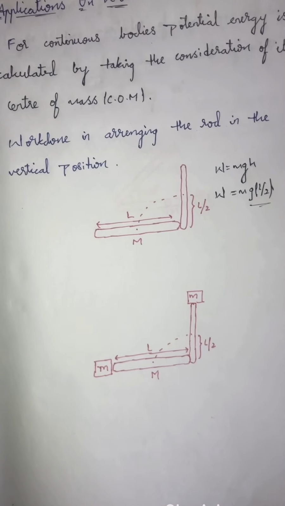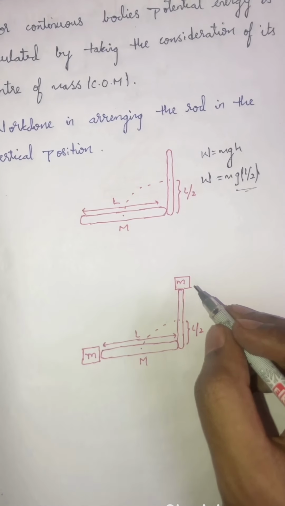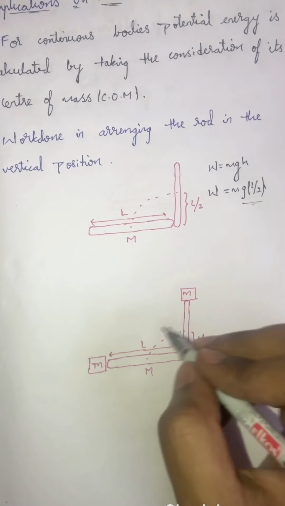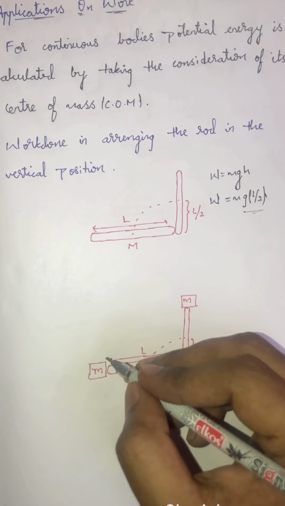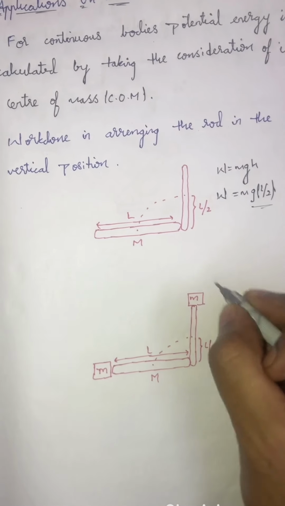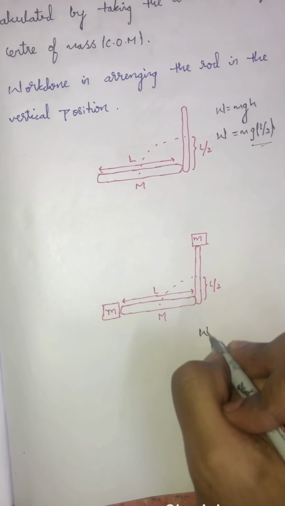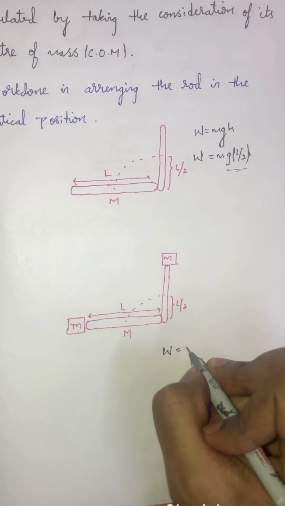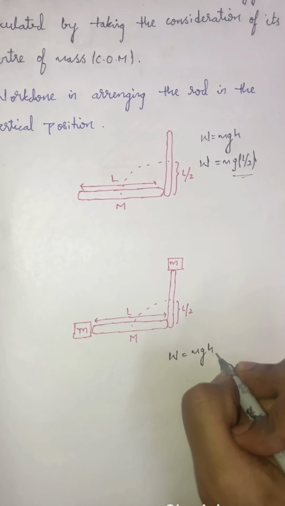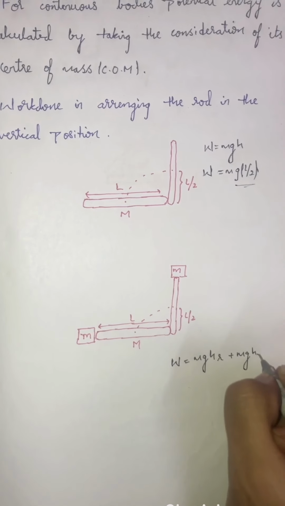Now let's say another condition where a block of mass m is attached to this rod, so that overall work done will be equal to raising the rod into the vertical position. Moreover, the height raised by the block also. So we need to consider both the bodies, the rod and the block. So work done will be equal to mgh of rod plus mgh of block.